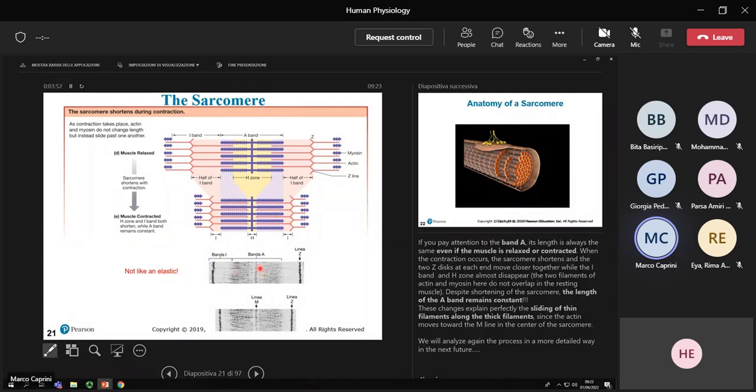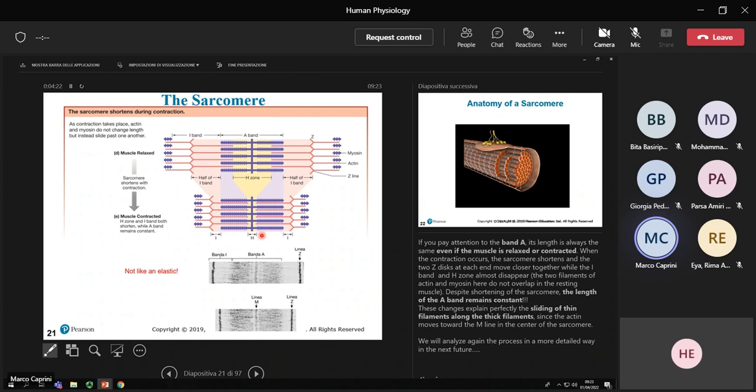So when the contraction occurs, the sarcomere from one Z line to the other one at each ends, moves closer together, while the I band, one and this one, and the H zone, this one, almost disappear.